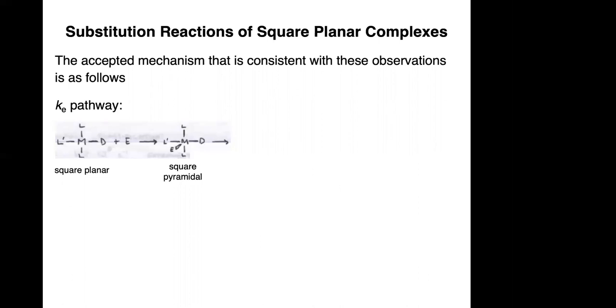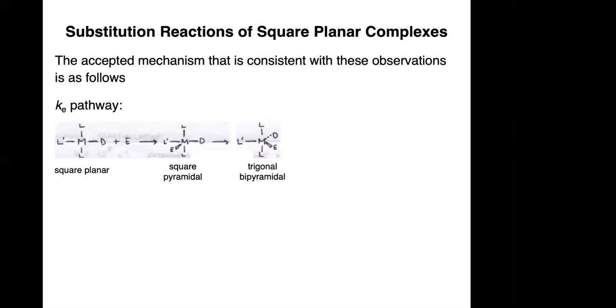And what's going to happen now is the E and D ligands will swing into the plane of the slide, and that will bring them into a trigonal bipyramidal geometry where the threefold axis is vertical, the LML axis in this depiction. Right, so L prime is going to be opposite to the substitution, and this will guarantee that we always have cis to cis or trans to trans stereochemistries.